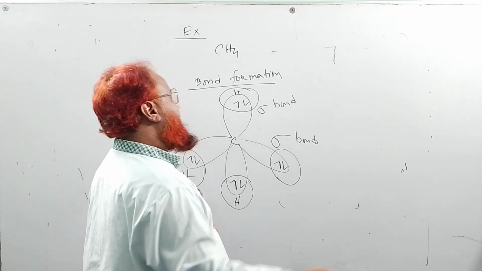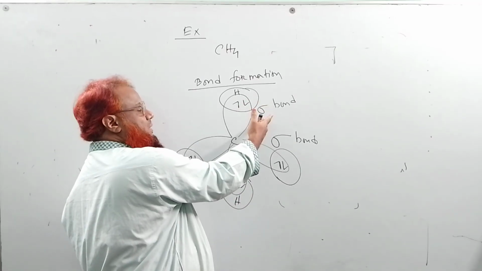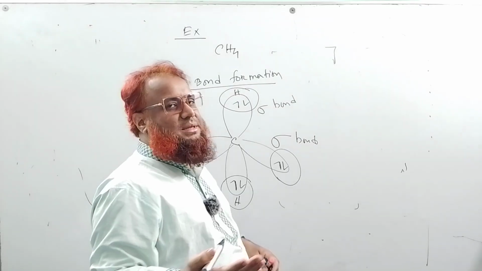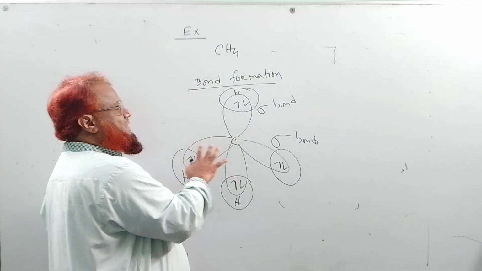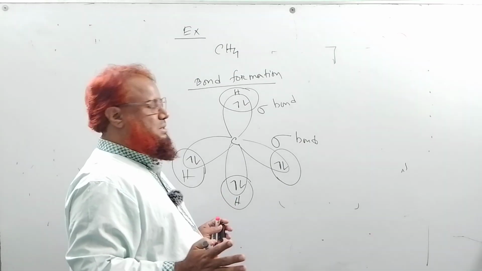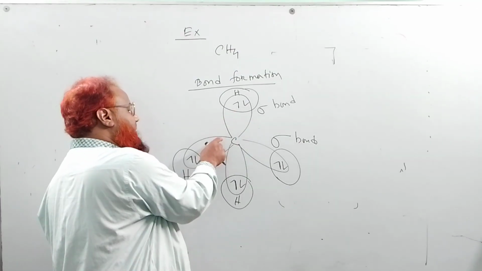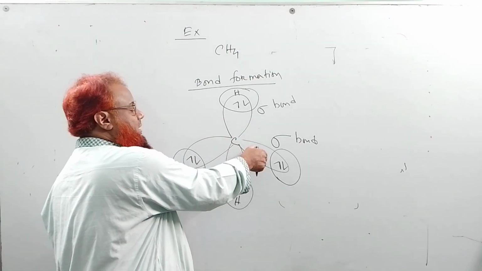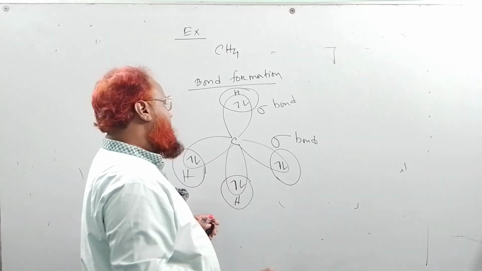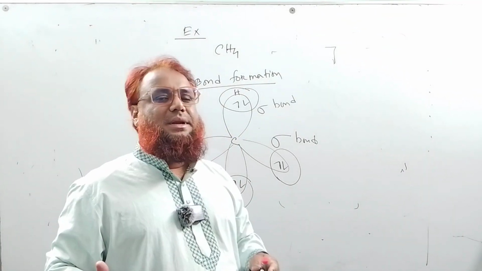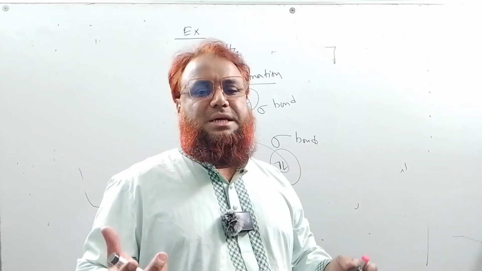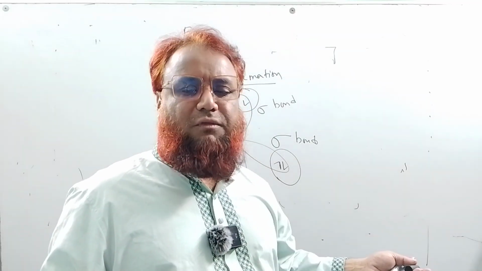When head to head overlapping, this is a sigma bond. When sidewise overlapping, then it will be what? Pi bond. This example is given just to help you understand the definition. So, these hybrid orbitals are produced in the valence shell of this carbon atom, and these hybrid orbitals participated in the bond formation with another atom, that is hydrogen.